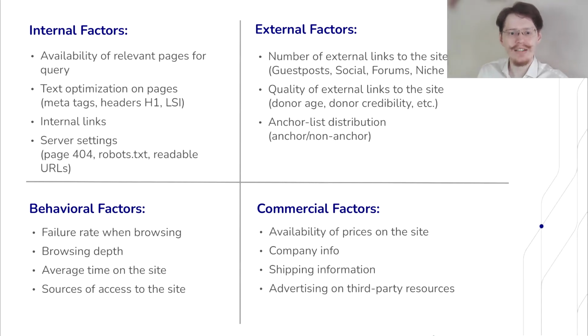For the external factors, it's number of external links, quality of those links, and quality of anchor texts. For the behavioral factors, failure rate, browsing depth, average time on the site, sources of access to the site. And for the commercial factors, there are availability of prices, company info, shipping information, and advertising on third-party sources.